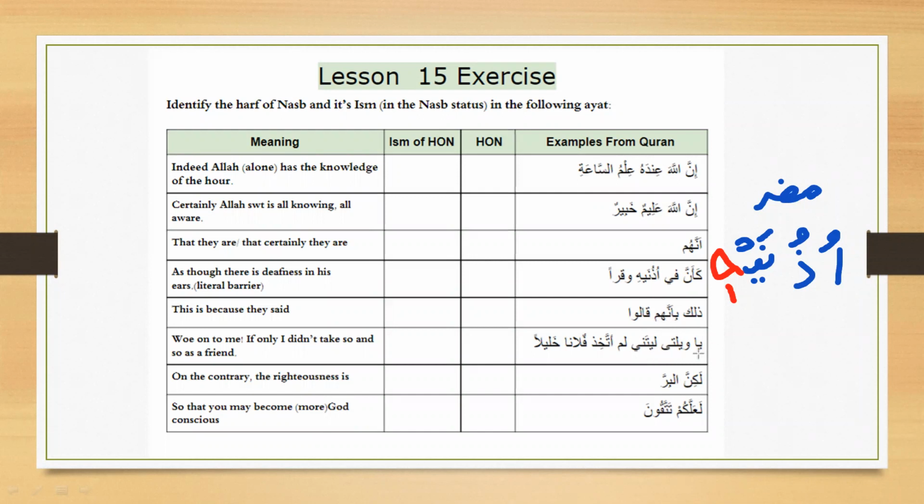And over here, laita, ya wailati laitani lam atakhiz fulana khalila. So over here, which harf can you see? Harf of nasb? Inna, anna, ka anna, bi anna, laita, lakinna, la'alla. Yes, laita. Laita is harf of nasb, and it is attached. Can you see an ism that is nasb in status?